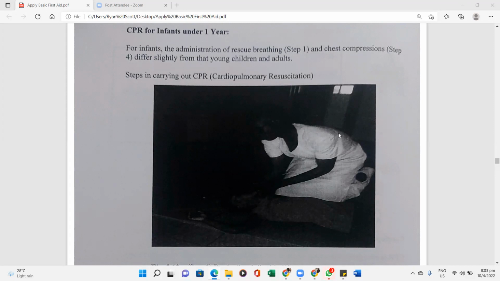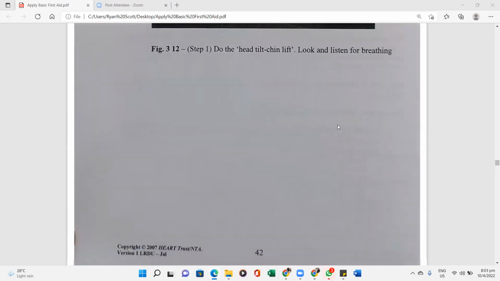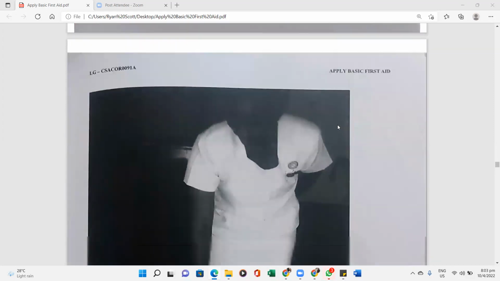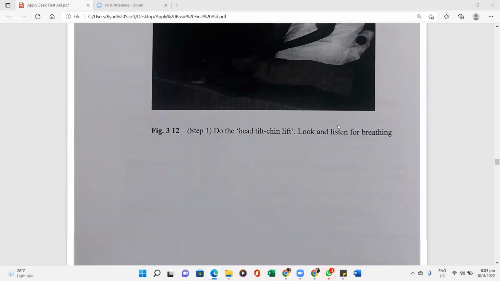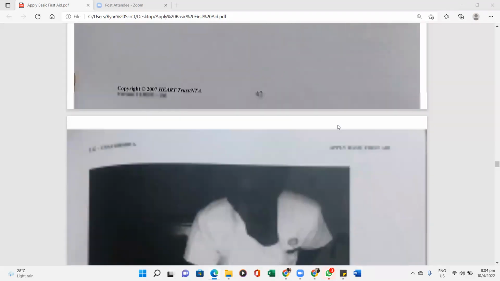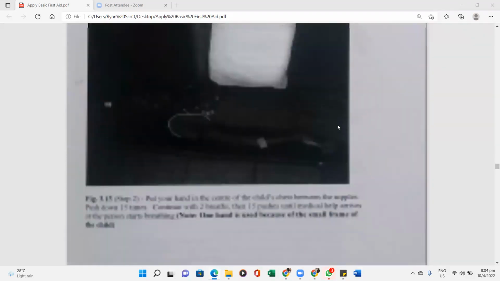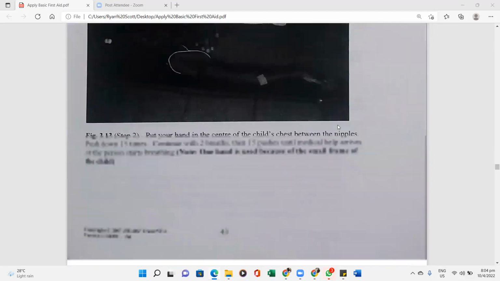Scroll down. So step 1, hold on, go back up. So step 1, do the head tilt chin lift, and then you look and listen for breathing. All right. Step 2, scroll down.